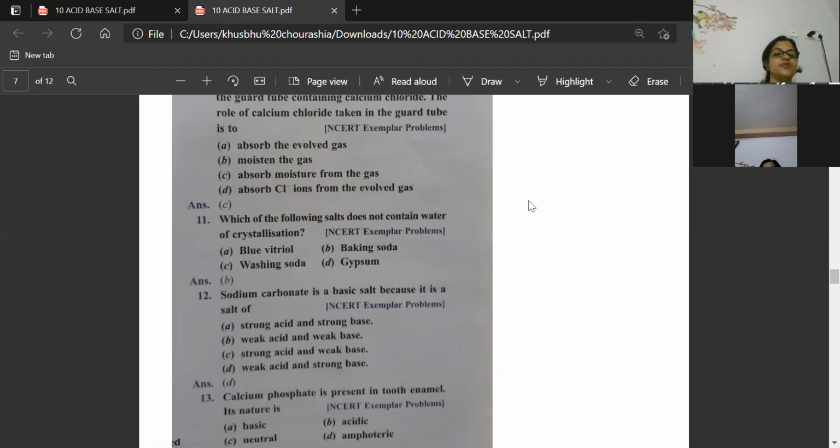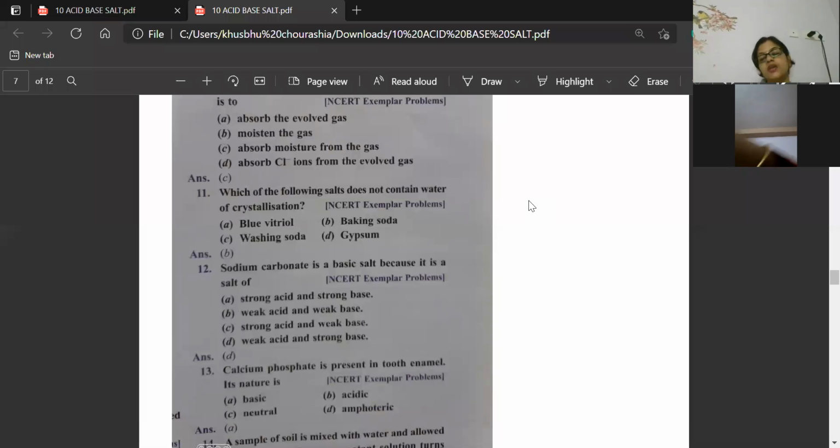Calcium phosphate is present in tooth enamel. Its nature is basic. Correct, basic only.